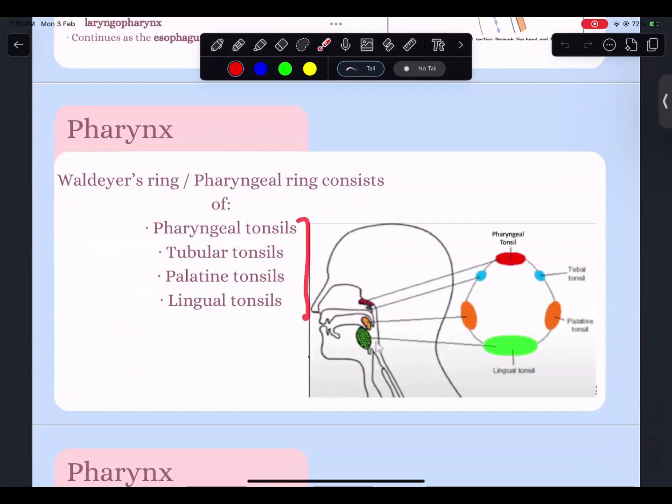The pharyngeal tonsil is in the nasopharynx, the tubal tonsils are the ridges of the eustachian or auditory tube, the palatine tonsils are lateral to your oral cavity, and the lingual tonsils are below your tongue. They make a ring like this, called Waldeyer's ring.